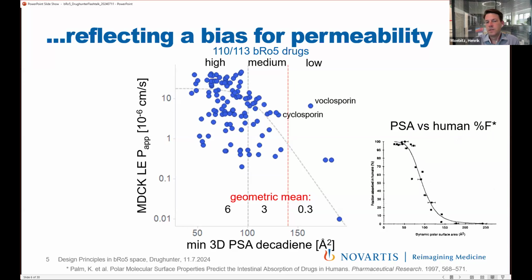But you can see that the geometric mean between those compounds below 100 and above 150 is strikingly different. And if nothing else, this 3D PSA allows you to rule out ideas that have a high chance of being impermeable.